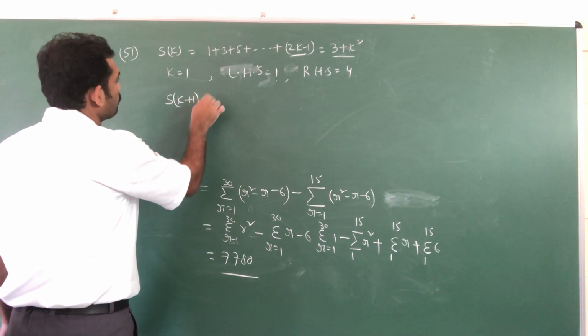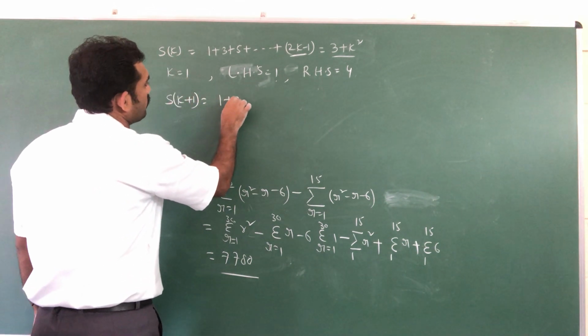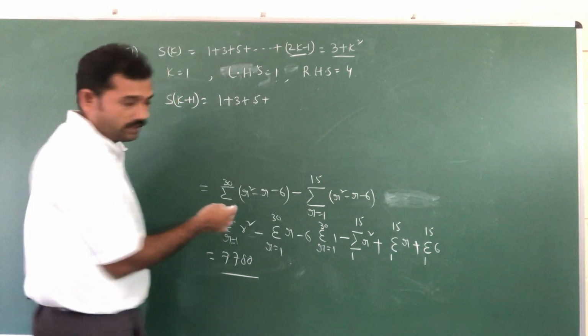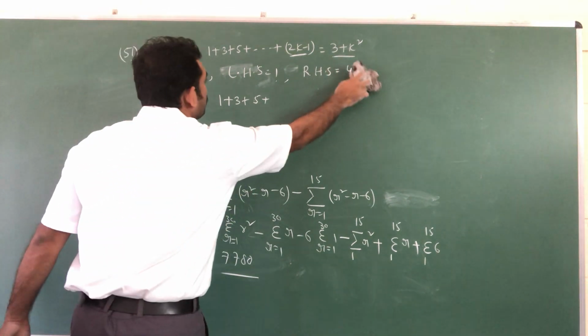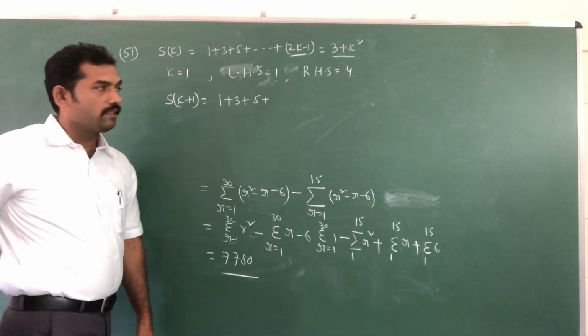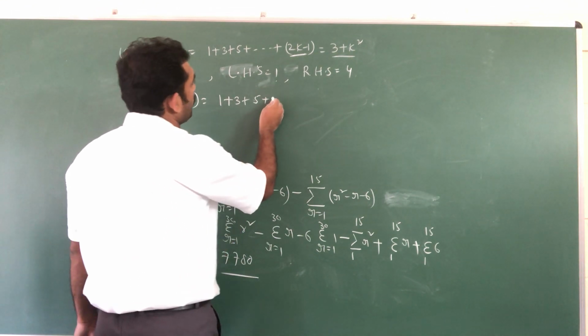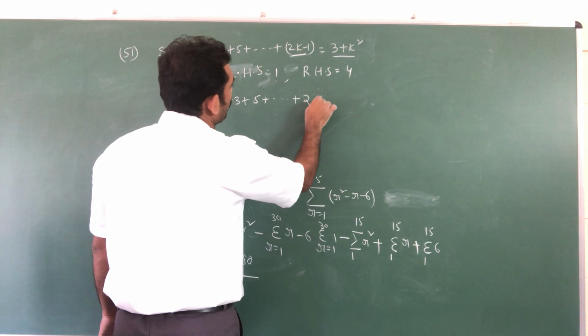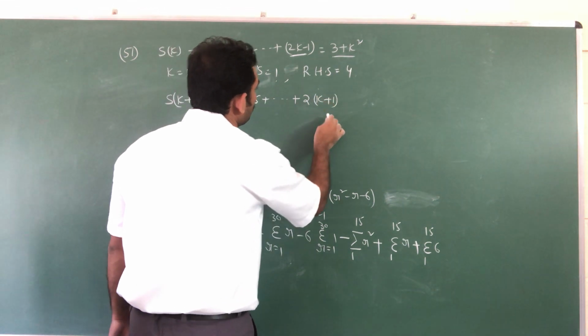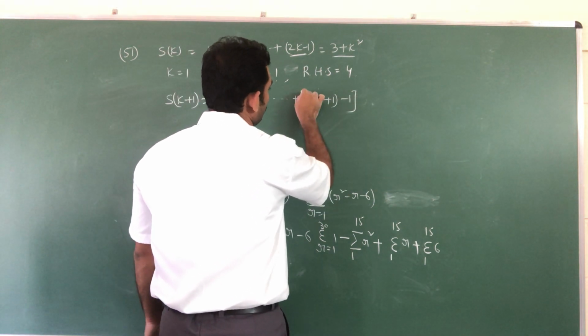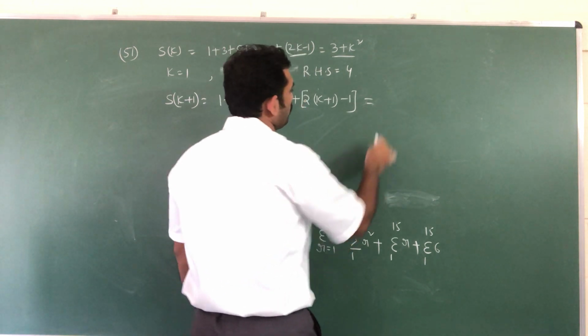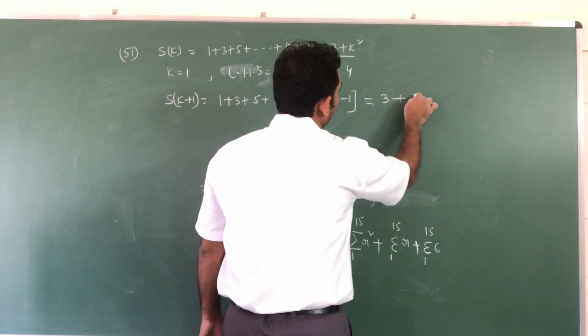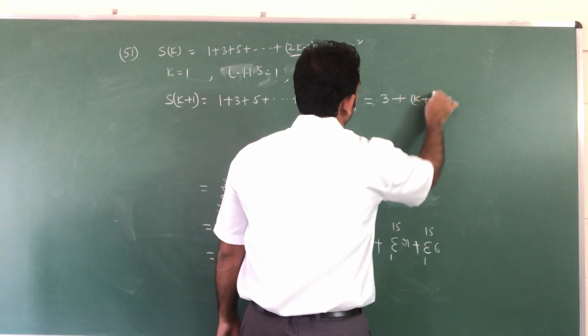You check 1 plus 3 plus 5 and so on. The first condition is wrong. 2 of k plus 1 minus 1, it is equal to 3 plus k plus 1 whole square.